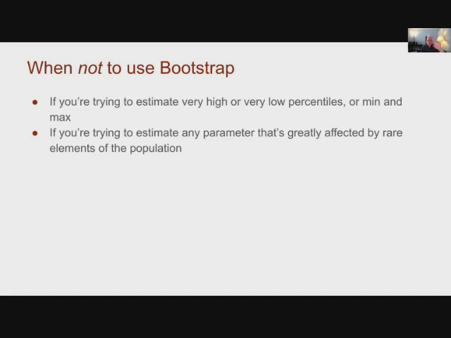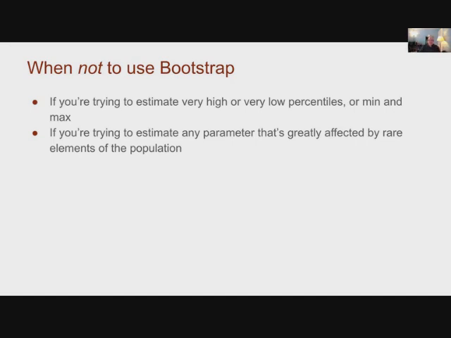And tangentially related, if there's some parameter that is affected by rare elements in the population, if you have one data point that greatly affects it, maybe a bimodal distribution, or a really big black swan event that really affected the actual truth, then it really comes down to whether you captured that in your original sample and in the resampling.